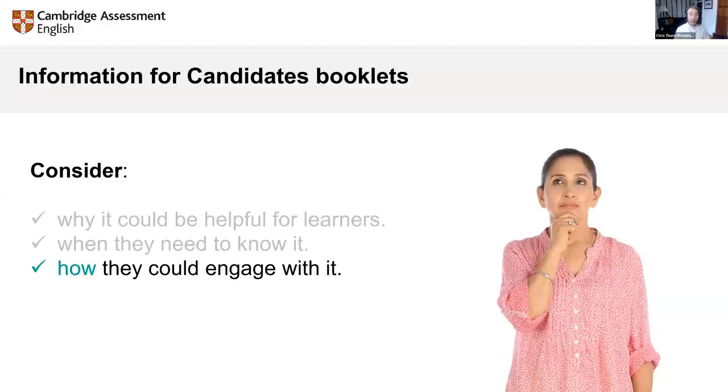Now, of course, these are booklets. And as I said, you could give these to learners and allow them to look through them individually as independent reading. However, I think a lot of the value in them is using them as a learning resource, and that could be using them as a stimulus for classroom activities where learners bring their own knowledge and their own experience into activities.